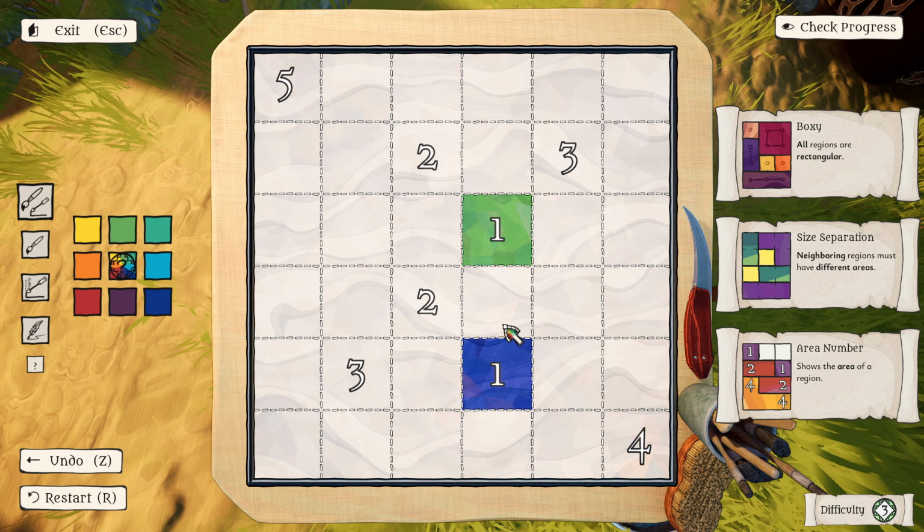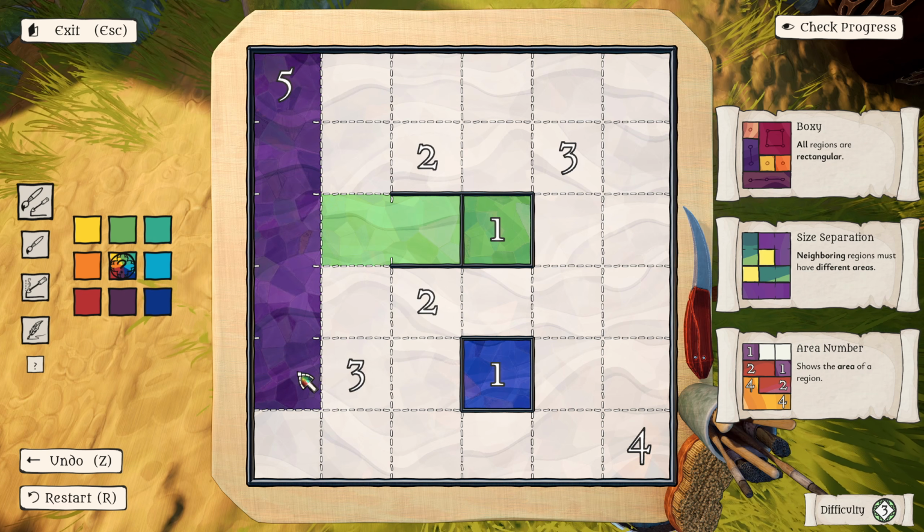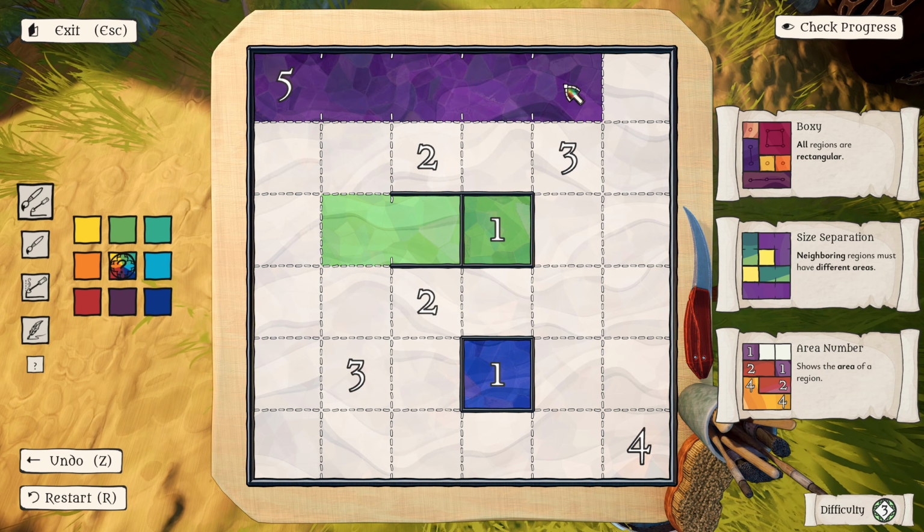All regions, neighboring regions must have different areas. So this must be different to the 2s because the 2s can't touch. Otherwise, feels like we have a lot of freedom, but evidently we don't. The 5 is either going to there or there.